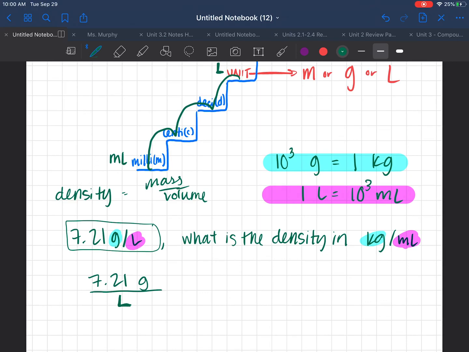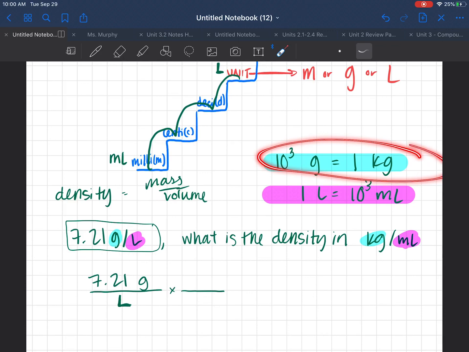Now we know that we have to both change grams to kilograms and change liters to milliliters. Instead of doing both at once, we're going to break it down to one at a time. So let's start with grams. Let's change that to kilograms. We're using the relationship highlighted in blue, and now we have to set up our conversion factor.